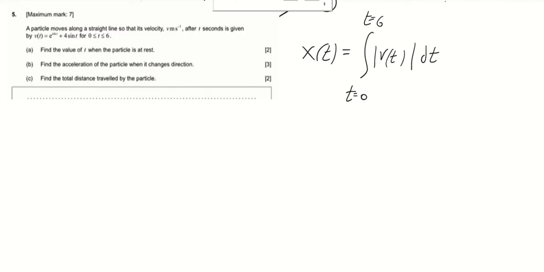We have to use the absolute value in order to calculate the total distance. If we don't, we just get the displacement of the particle.